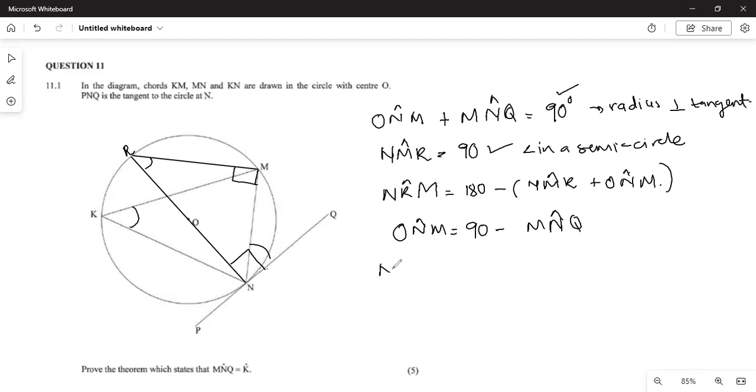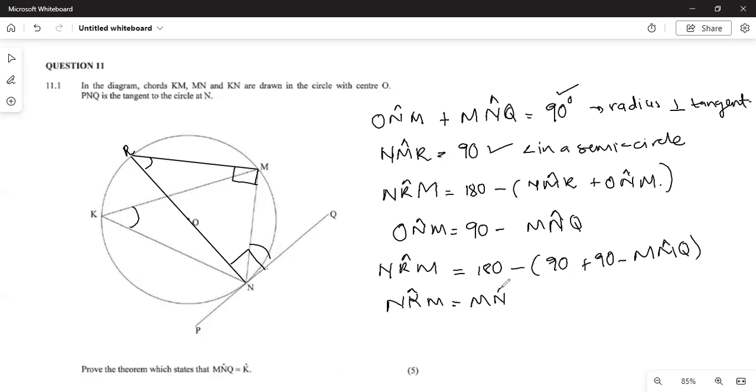Then we can substitute those in. NRM is equal to 180 minus 90 plus 90 minus MNQ. We will get that NRM is equal to MNQ.